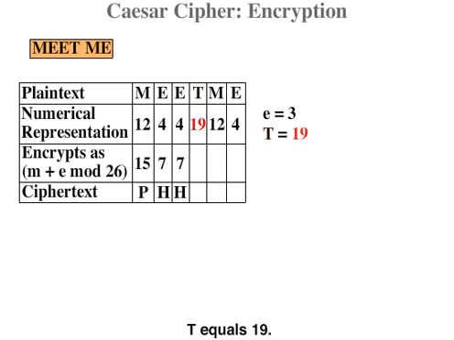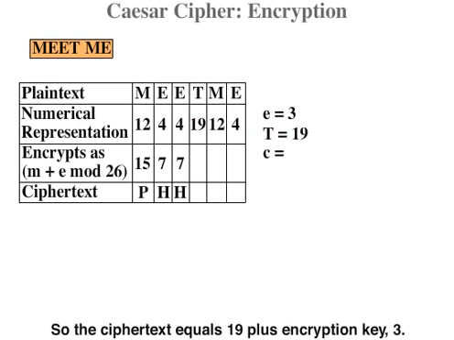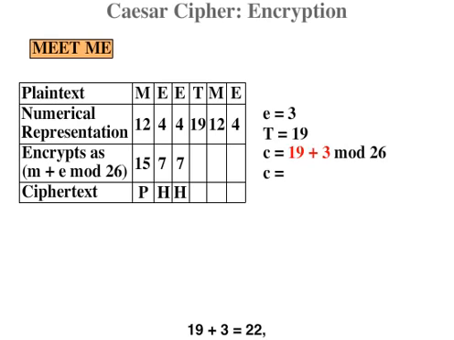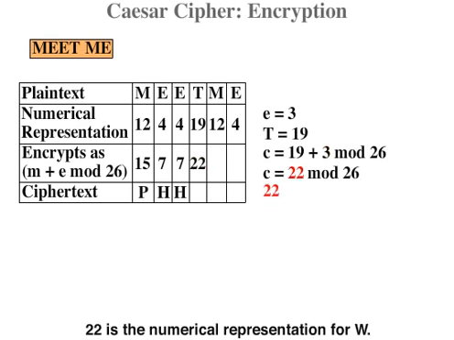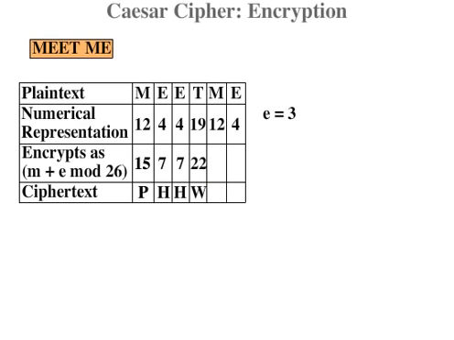T equals 19. So the ciphertext equals 19 plus encryption key 3. 19 plus 3 equals 22. 22 is the numerical representation for W. M equals 12.